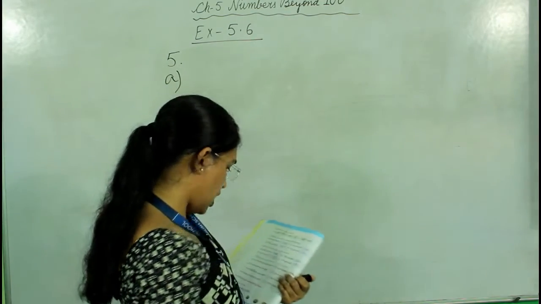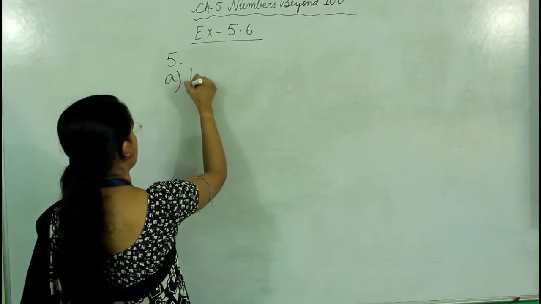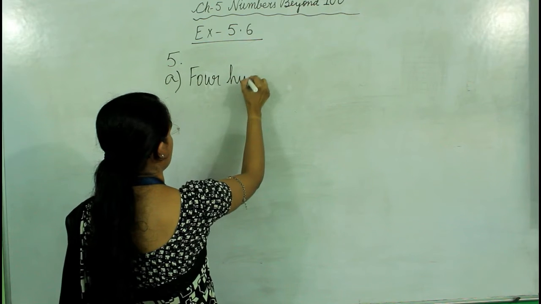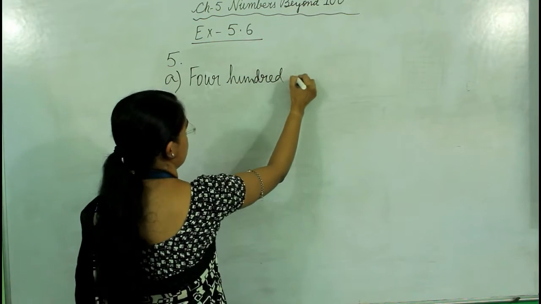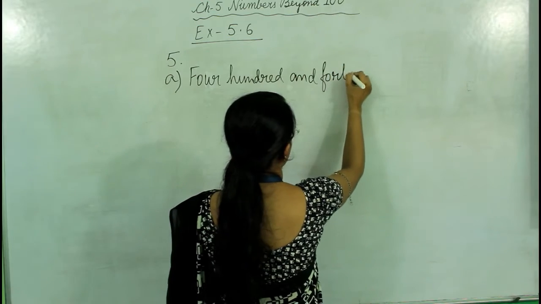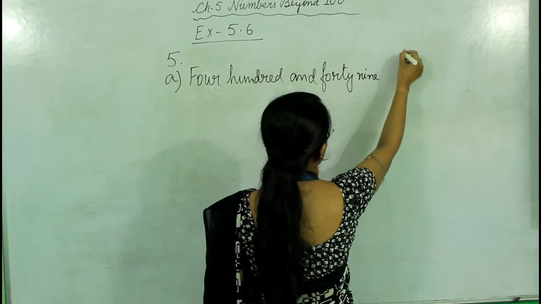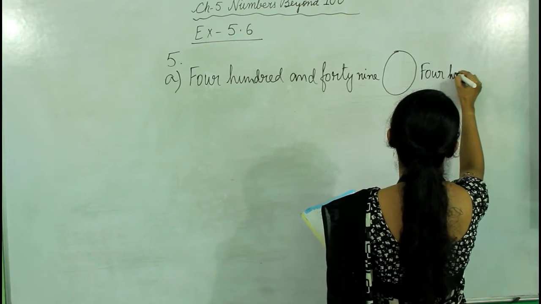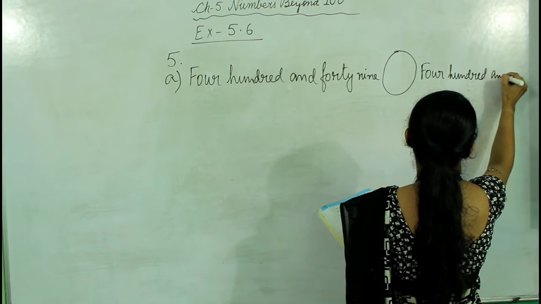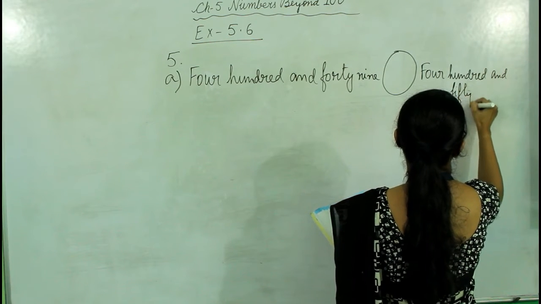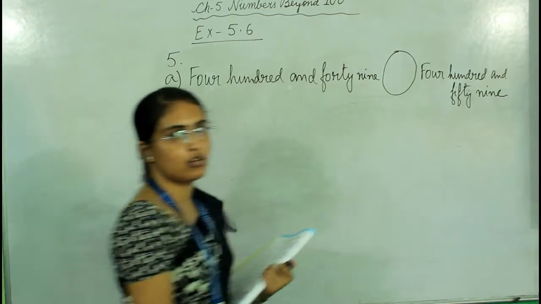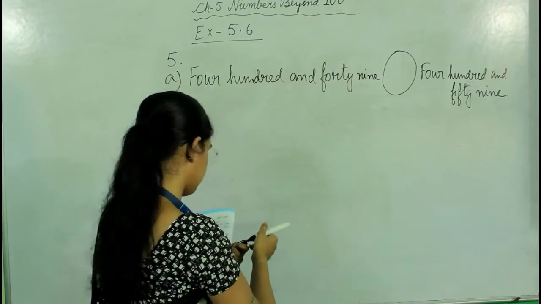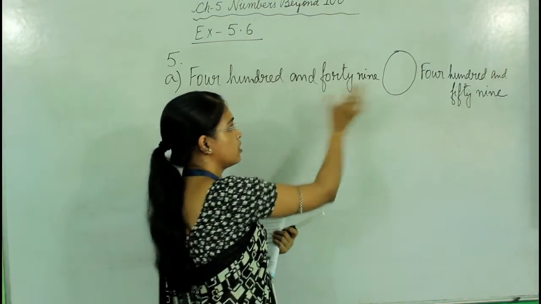The question is 449, circle, then 459. Among these two numbers, 449 and 459, which one is the bigger number, this one or this one?